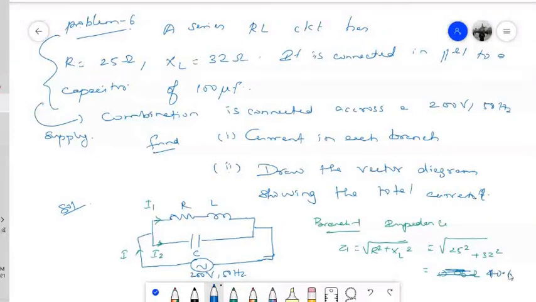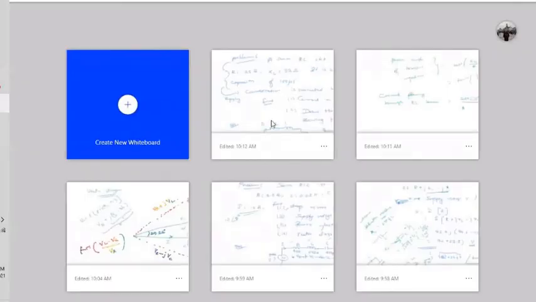You must be getting around 40.6 ohm. So this impedance will be 40.6 ohm. This is required for me to find the current I1.